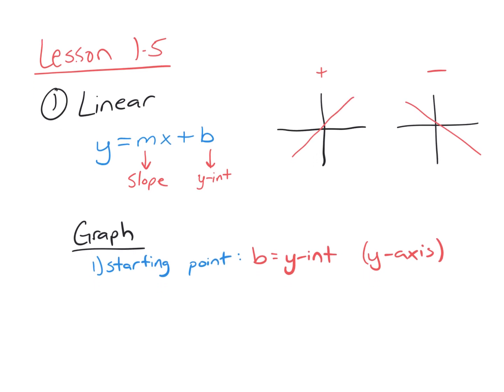And then how do we get all of the other points? What do we use to get all of our other points? Yep. Use the slope to find all other points.